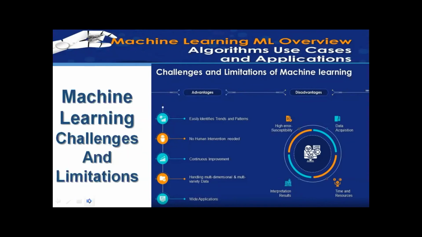Moving on to the disadvantages, that is, the challenges you face in machine learning. It's very difficult to identify and rectify the errors, so that is the first one, high error susceptibility. The next challenge is data acquisition. The collection of data is a very big challenge when you start working with machine learning techniques.